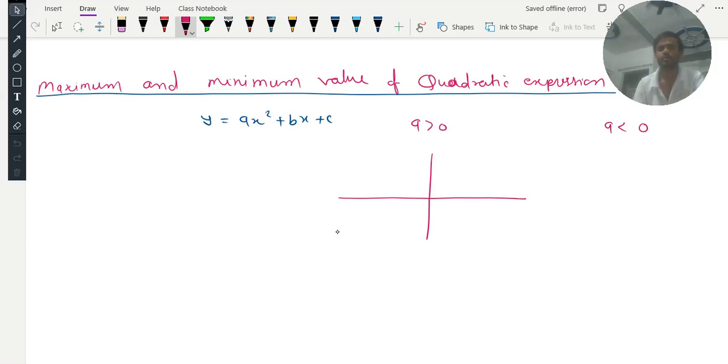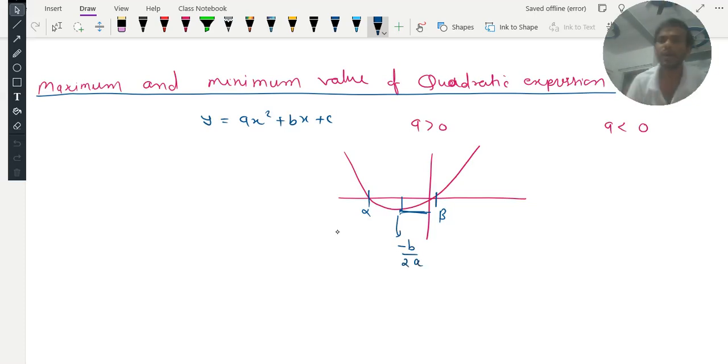So this will become like this. This is the value of alpha and this is the value of beta, and this is symmetric about this, and this value will become minus b upon 2a.